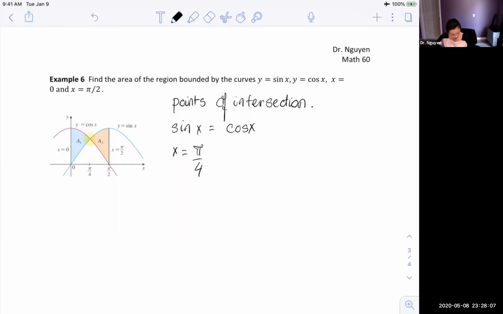Anyway, make sure that you observe, right? So cosine of x is greater than sine of x when we have x in between 0 and pi over 4.